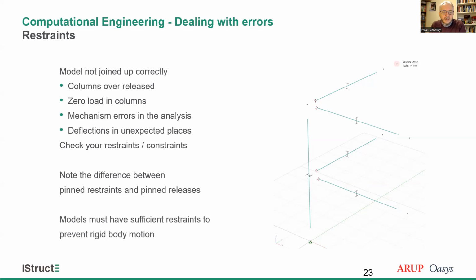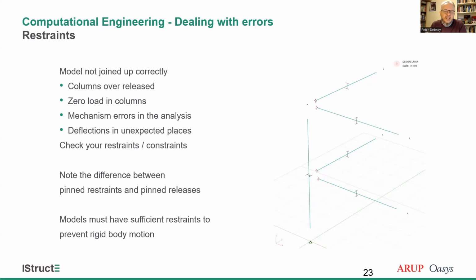Also good to remember, you must include sufficient restraints to prevent rigid body motion. You might only have vertical loads on your structure, but you still need horizontal restraints. You cannot allow zero stiffness horizontally or rotationally. I mean, the mathematics just doesn't work for starters.